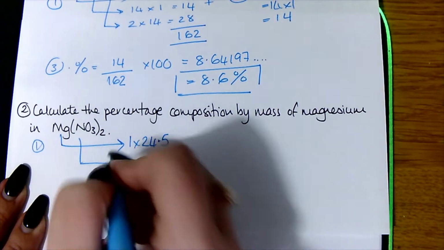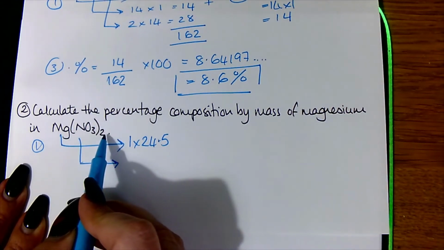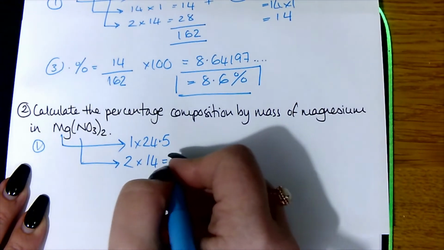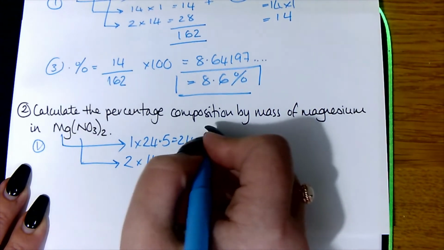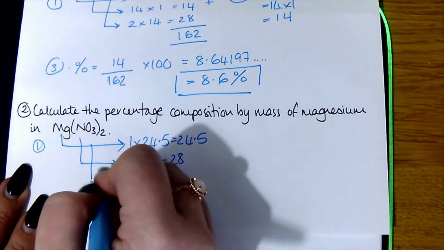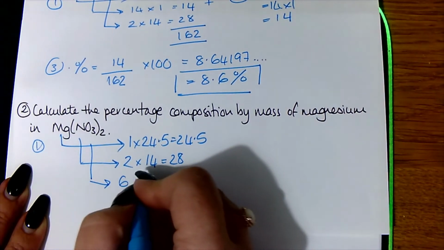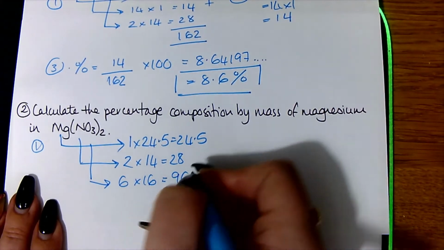However, when we start to look at nitrogens, we have to remember that everything inside the bracket is multiplied by this 2. So we have 2 nitrogens, 2 times 14, so that's 28. And this time we have 2 times 3 oxygens, so we've got 6 oxygens, 6 times 16, which is 96.